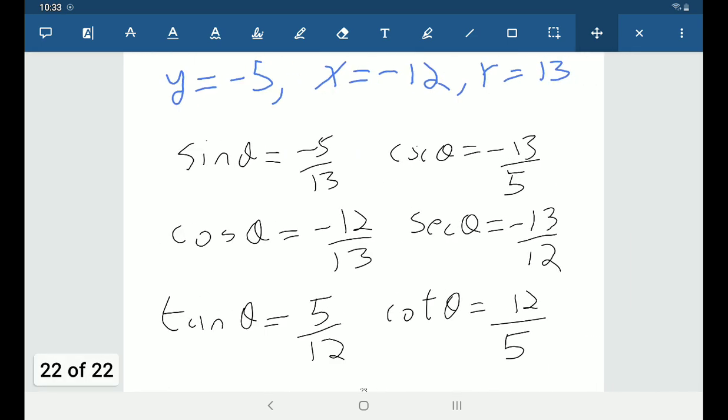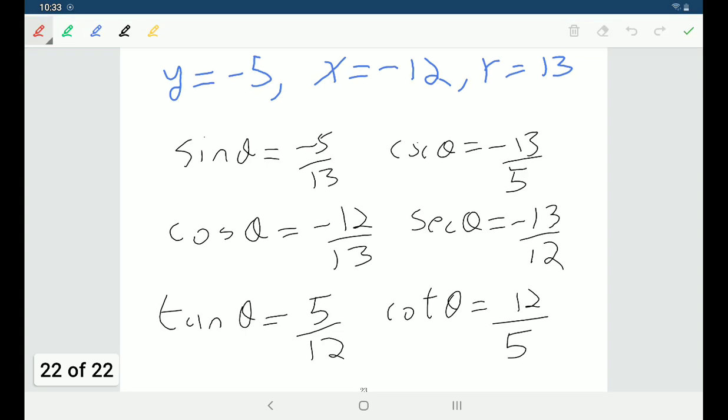Now that we have x, y, and r, it's easy enough to put everybody together. And again, I do things in pairs. Starting with the fact that sine is y over r, or negative 5 over 13, and cosecant is the reciprocal of that, so negative 13 over 5. Cosine is x over r, and of course secant is the reciprocal of that.